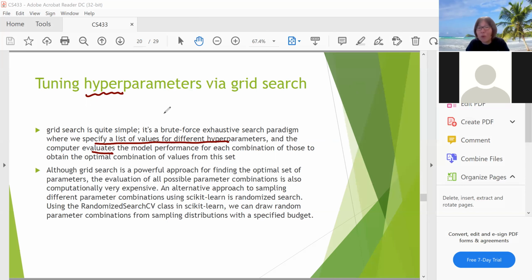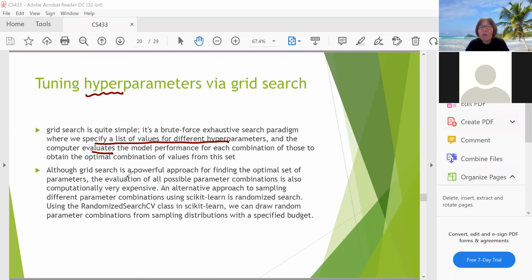Previously we did this ourselves: we provided the range and ran the model one by one. But with grid search, you don't need to do that. It takes care of that part and does the exhaustive search to find the optimal one.